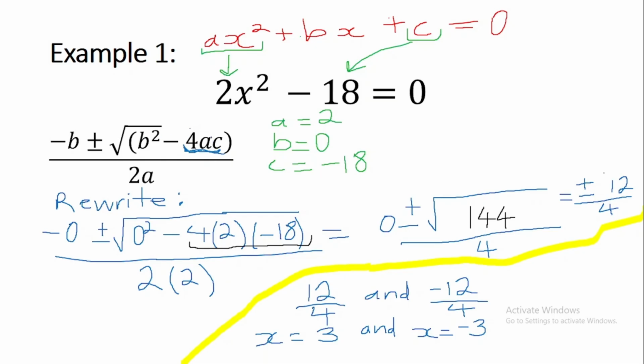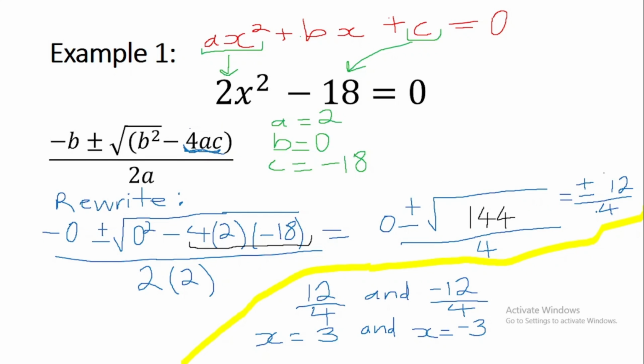So you would definitely work this first, and after working what's inside the bracket right here, then when you get that final answer, you'll just square root everything, because after we work everything inside our bracket right here, we got 144. Why? Our b is 0, so 0 squared is just 0, that's nothing. So we're just left with 4 multiplied by a and c, so that would be 144.